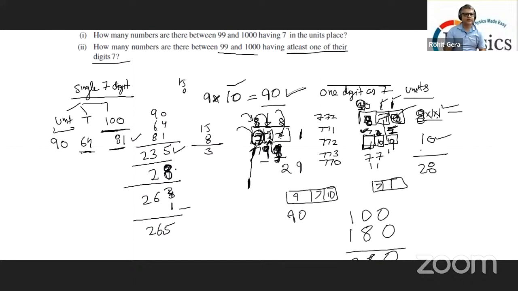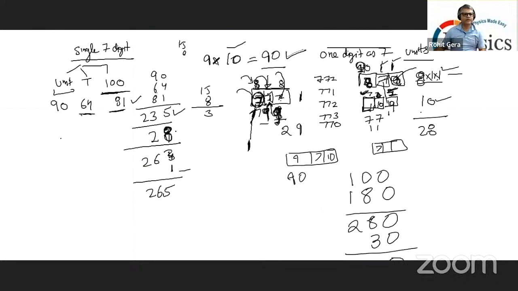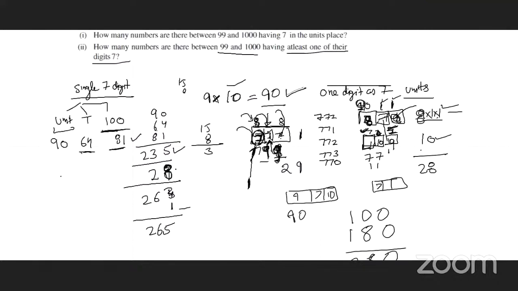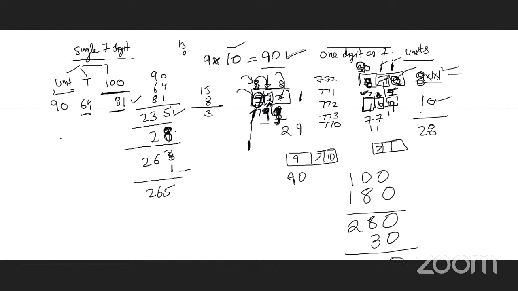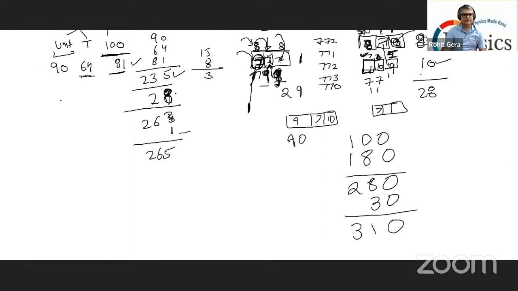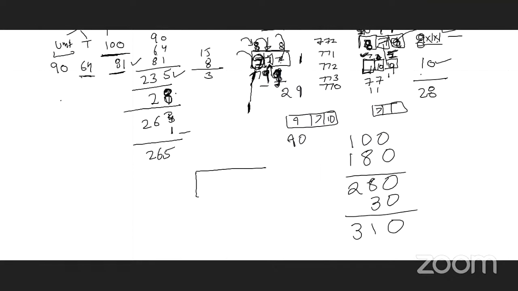So where is it that we're getting more numbers than required? If we say no digit has 7, what will be that quantity? No digit has 7. So if we create 3-digit numbers, our options are how many now? 9.